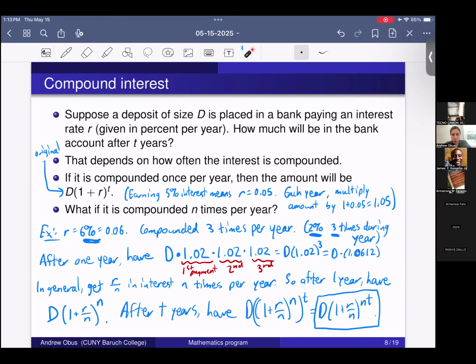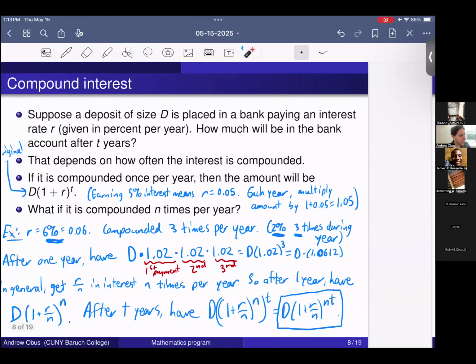Because in that case, you have r equals 0.06, n equals 3, and t equals 3. Okay. But this is the general formula. So if you have your interest compounded n times per year at an interest rate r, and for t years, and D is your original deposit, then it all goes together into this equation.